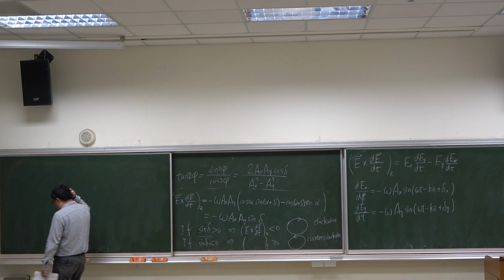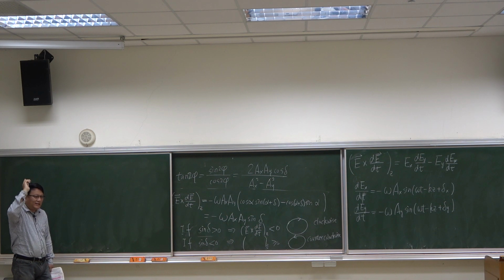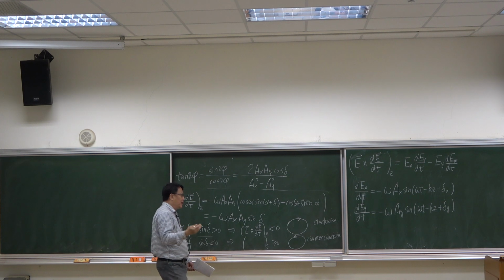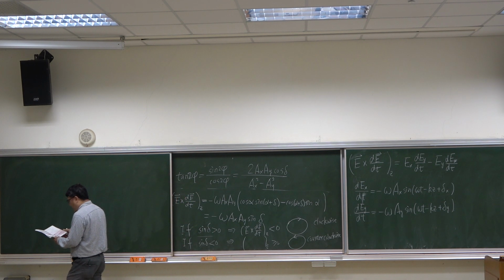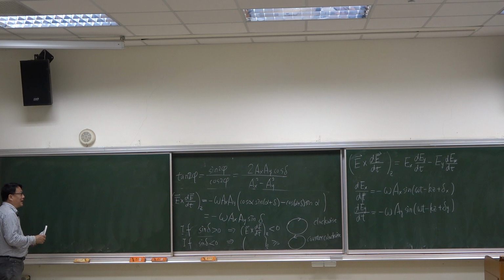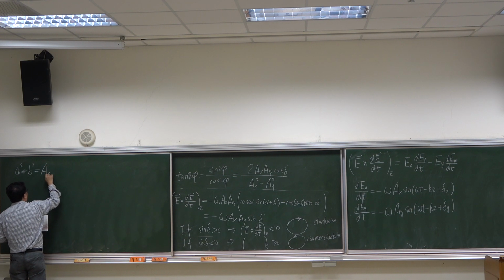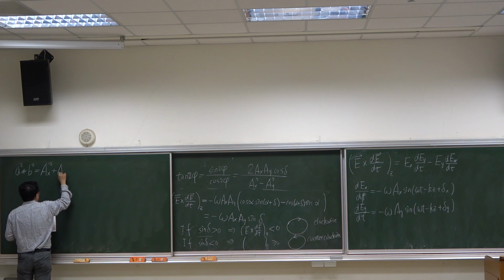我刚刚突然想起我刚刚其实忘记讲一件事。I forgot to tell you one thing that we might use later. This thing is about a squared plus b squared. A squared plus b squared is equal to ax squared plus ay squared.